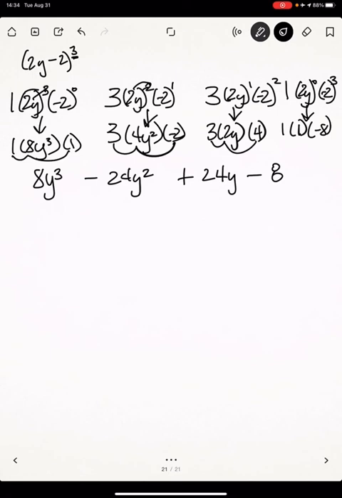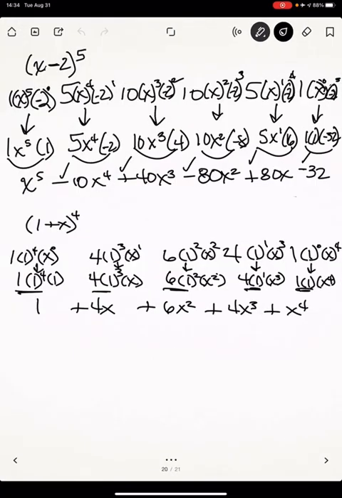Okay? So again, you will not have a problem like this one. So this is not on the test, and this is also not on the test.